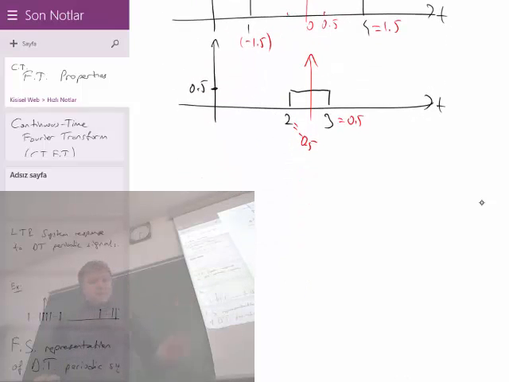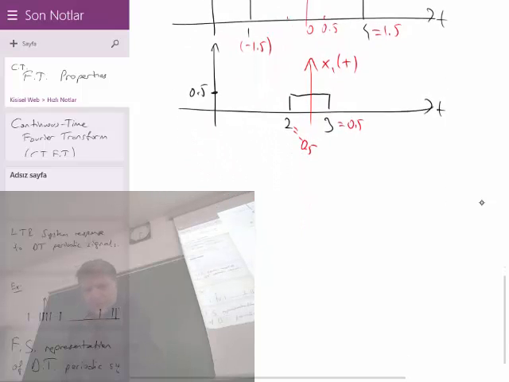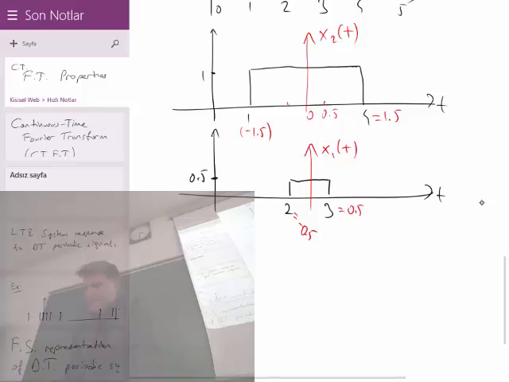The red ones, I'm gonna call this one, the red one, x1 of t. This one is x2 of t. Okay? The around-origin versions.